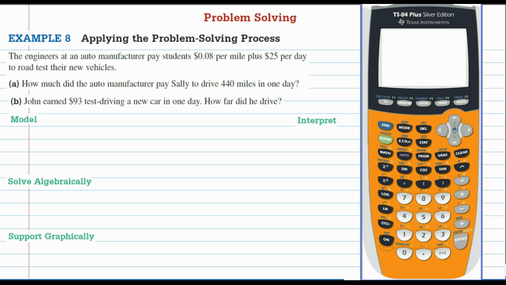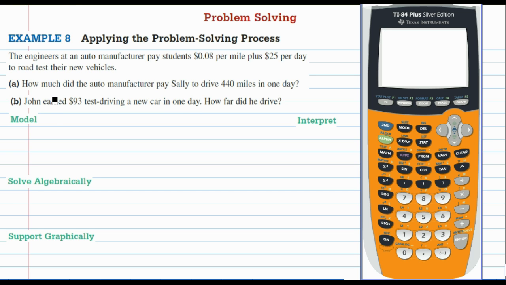So the first thing we need to do is come up with a model to represent what's happening in this situation. Engineers pay students 8 cents per mile plus $25 per day. In reading ahead, it sounds like days is a variable depending on how many days they drive. But Sally drives one day and John drives one day, so days is not actually a variable.